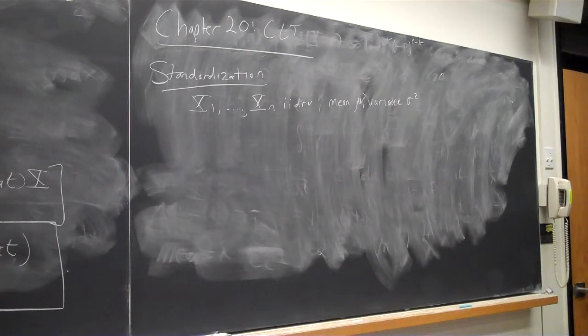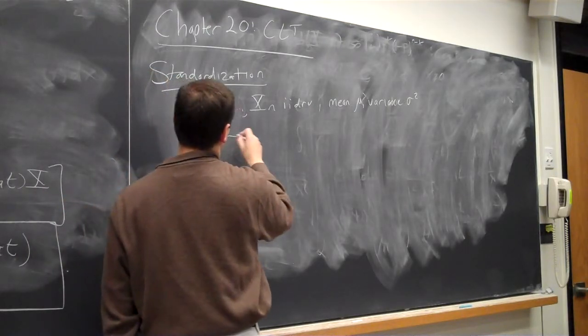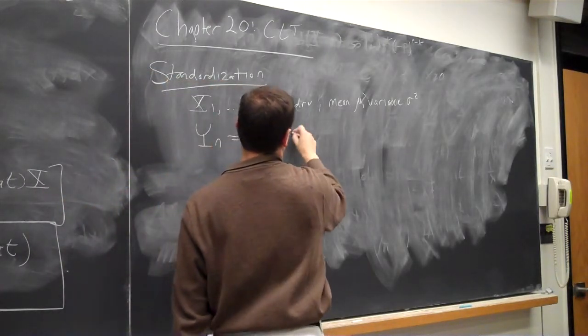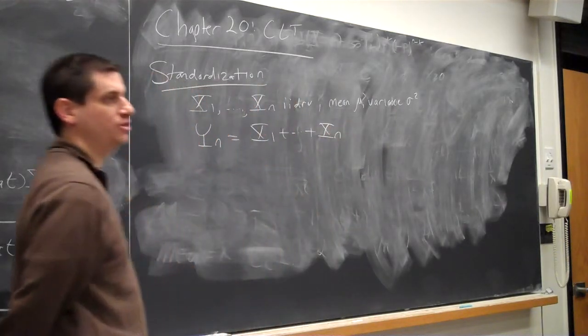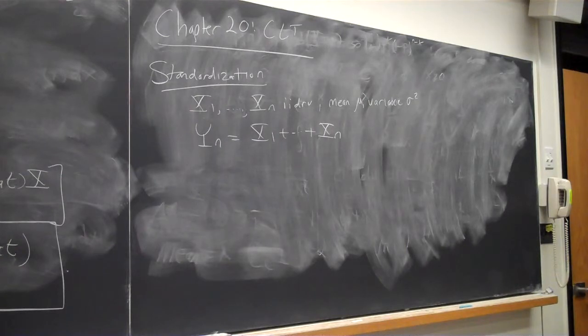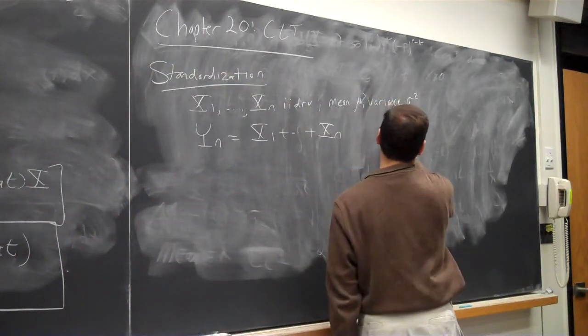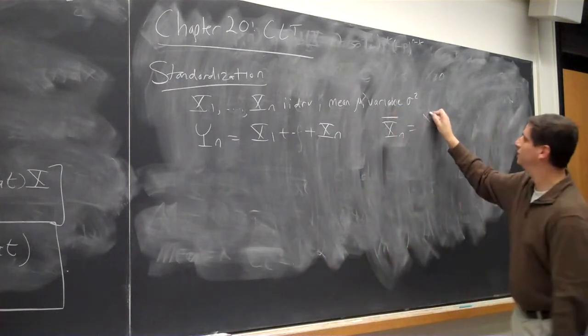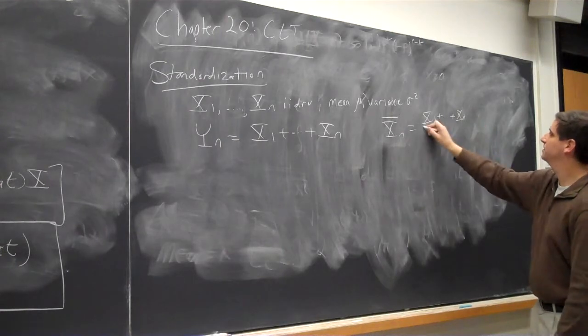So now, in this case, we could consider yn equals x1 plus through xn. There are lots of things we could study. The first most natural thing to do is to study the sum. Another thing people sometimes study might be xn bar, which would be x1 plus through xn divided by n.